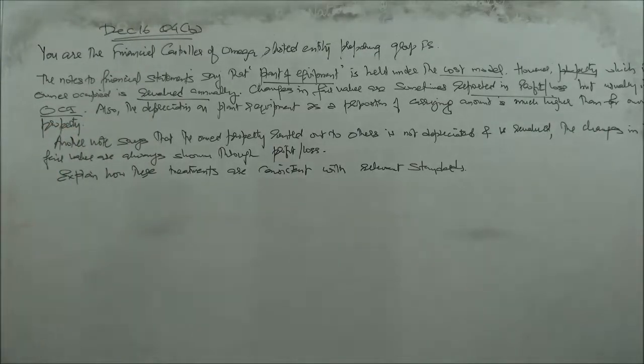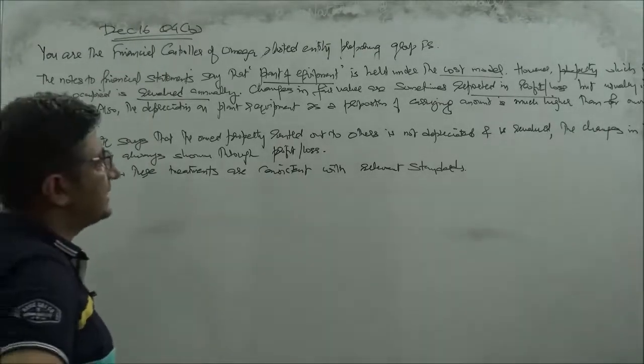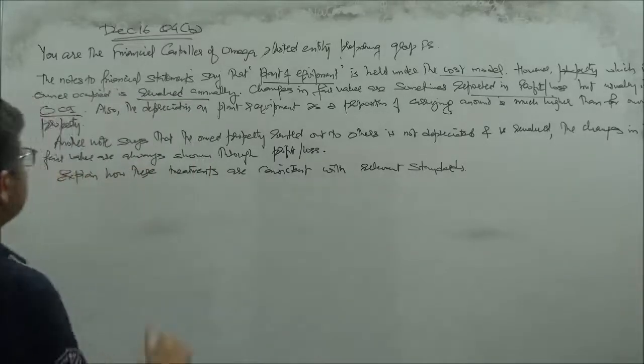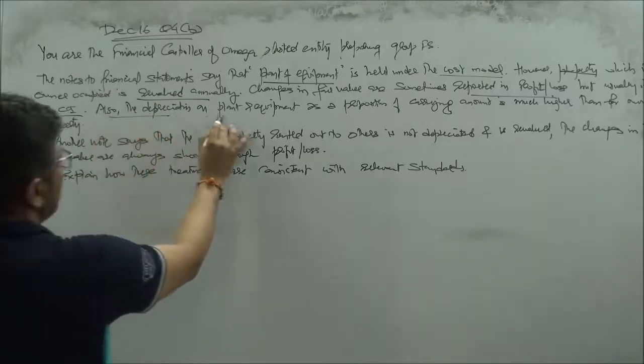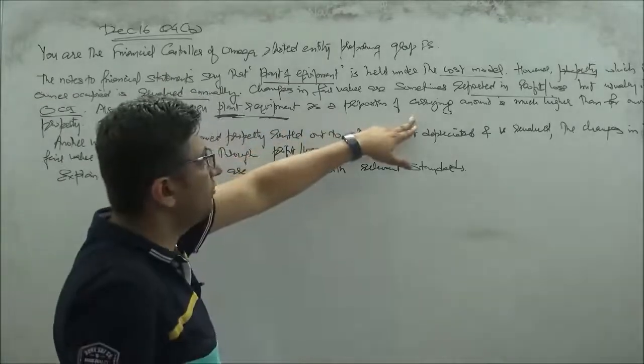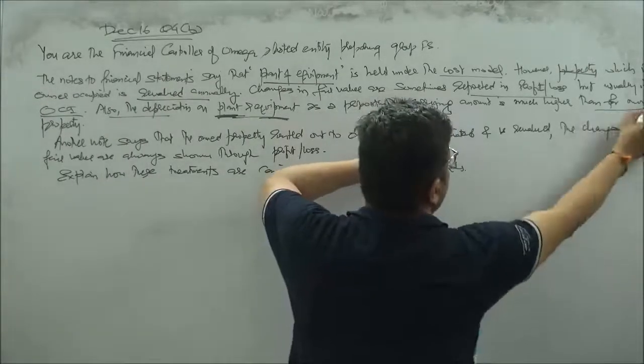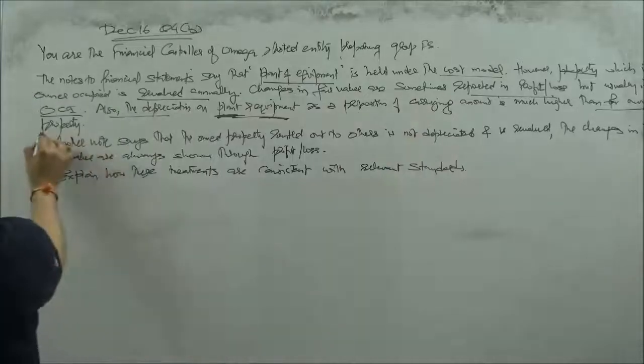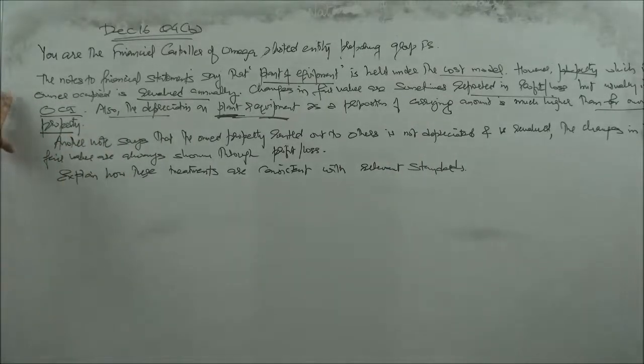It's purely a reference of IAS 16, property, plant and equipment. It says that also the depreciation on plant and equipment, as a proportion of carrying amount, is much higher than for owner property. So that is an observation by somebody here.